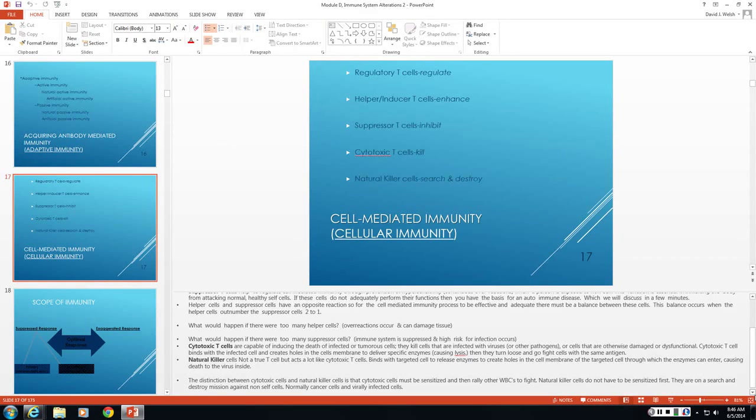Now, the distinction between cytotoxic cells and natural killer cells is that the cytotoxic cell must be sensitized and then rally other white blood cells to fight. Natural killer cells don't have to be sensitized first. They're on a search and destroy mission against non-self cells. So normally cancer cells and virally infected cells are what they go after.